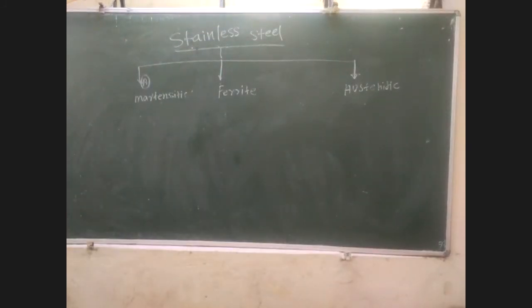Stainless steel has been classified into three types: martensitic stainless steel, ferritic stainless steel, and austenitic stainless steel.